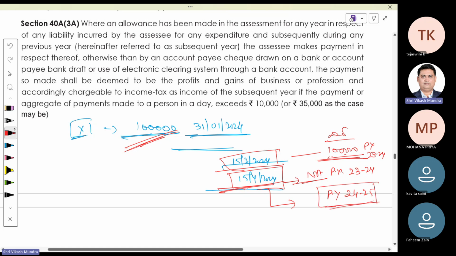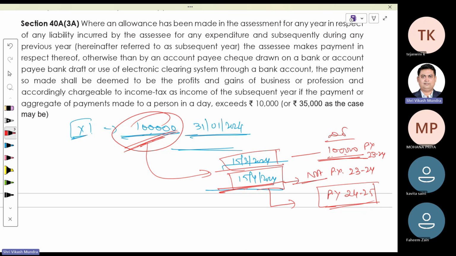Sir, what will be the deduction available? Ultimately, deduction is available to you. But then what is the purpose of this section? Be careful. The first benefit is that the payment to micro and small enterprises would be smooth, and it creates some penalty type of thing on me. Suppose if this deduction is available to me in the previous year 23-24 itself, then I'm not required to pay any amount of tax to the government.